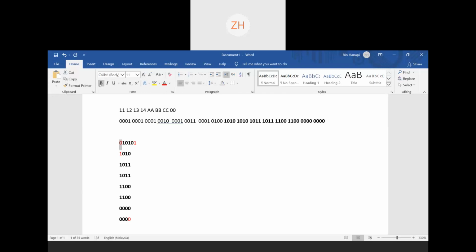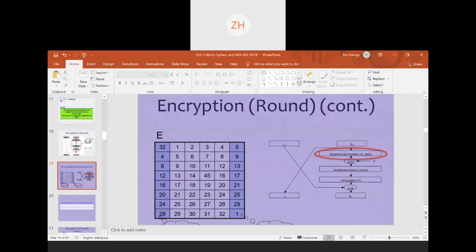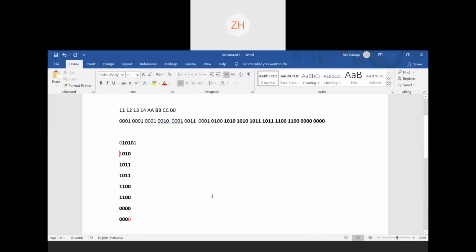I think everybody can do it. Okay, so row 2. What is inside row 2? Bit 4, right? To the left. Bit 9 to the right. Yeah. So we copy again here. Bit 4 is 0. Okay. So we change the color.